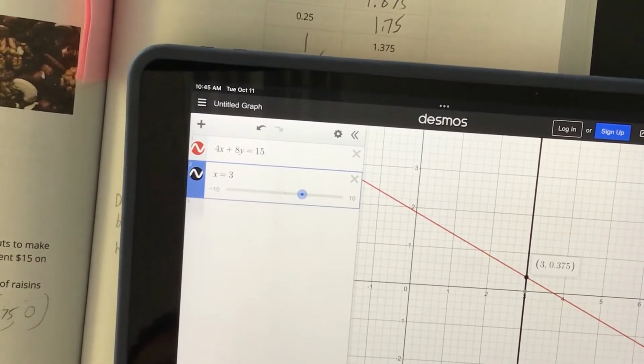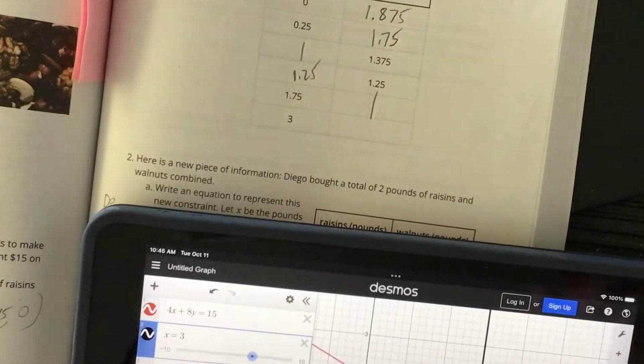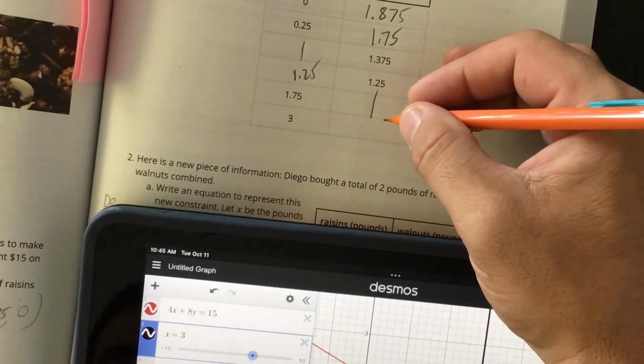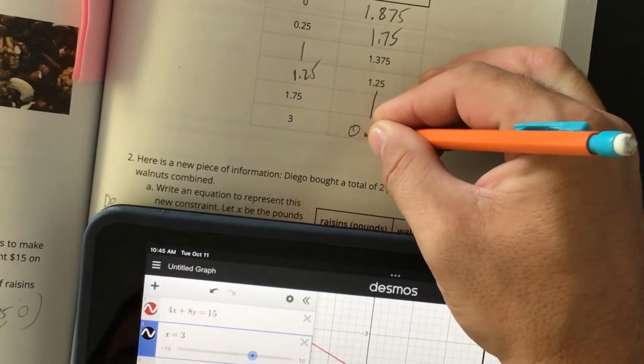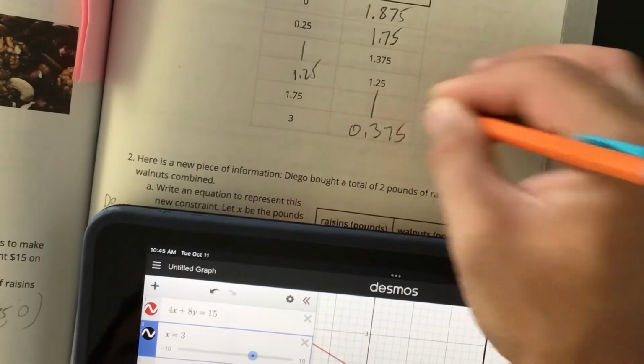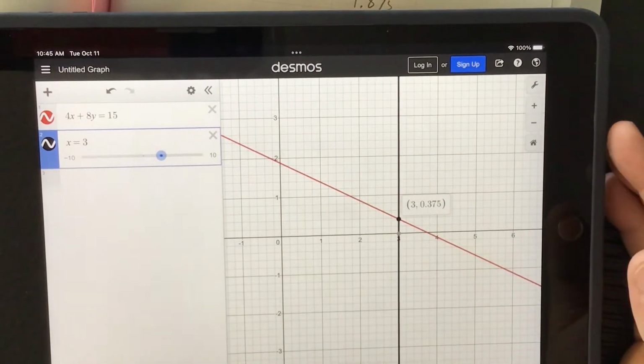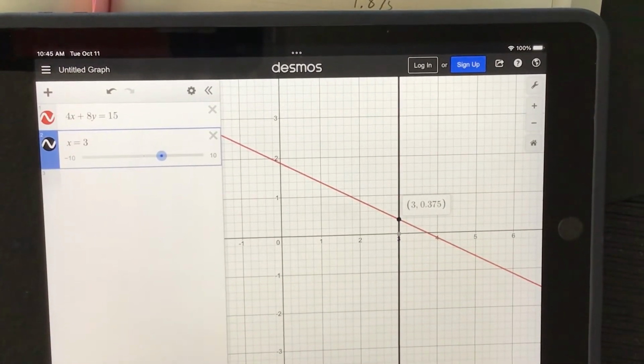Questions on that? Again, nice to use technology, right? I don't have to plug it all in myself. Just see where they cross. Obviously, your equations need to be inputted correctly for that to work.